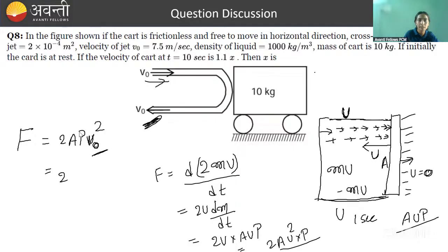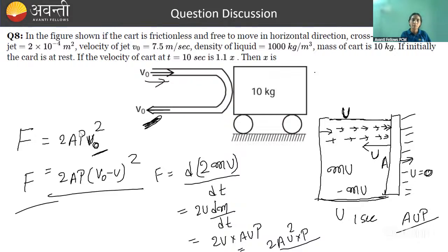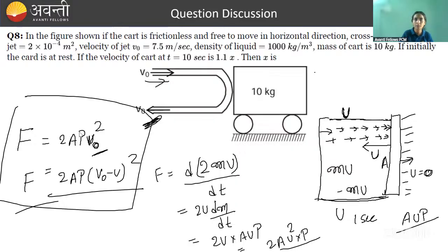So what will you write here? 2A rho (V naught minus u) squared. Was it written there? Something like this? Yes, it was like this. So directly you can do this, and after this you get the force.